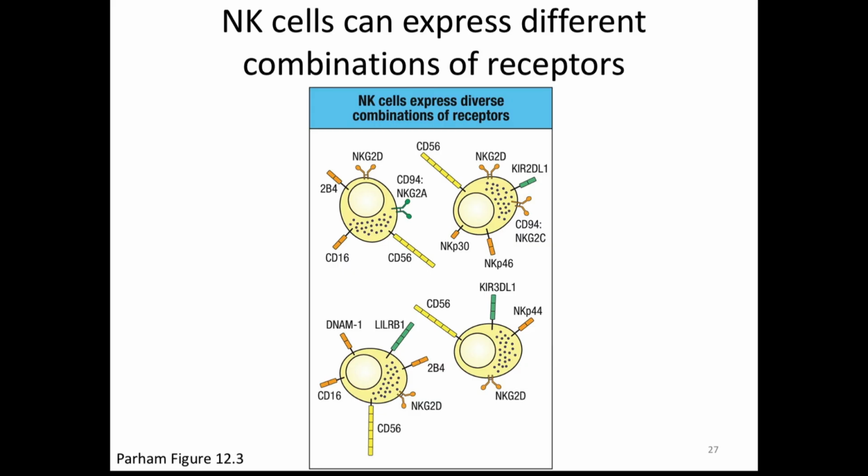We actually do see that, if you recall with MHC, I told you that different MHC types are associated with good or bad prognosis with different infections. And then I also told you that NK receptors are also really variable from person to person.